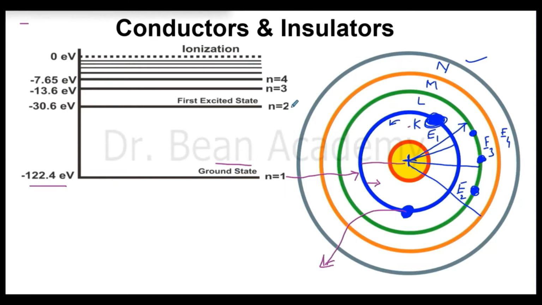The next orbit, the second, is the green one, which I have labeled as L. We also call it the first excited state, because if I shine light onto an electron and the energy of that light equals the energy difference between these two orbits, the electron can jump to this orbit temporarily, then fall back to the first orbit after some time and give back that light.